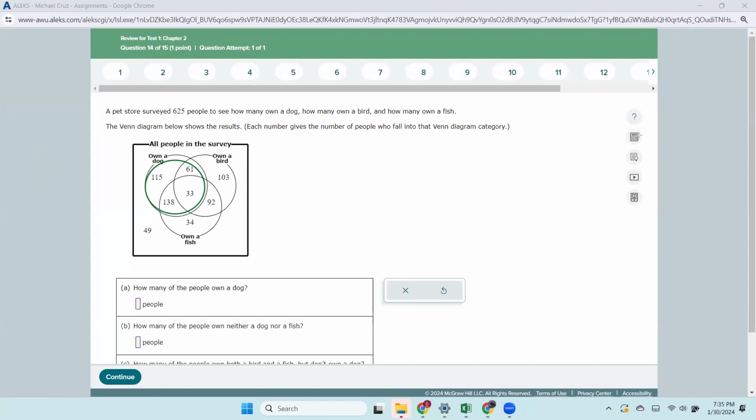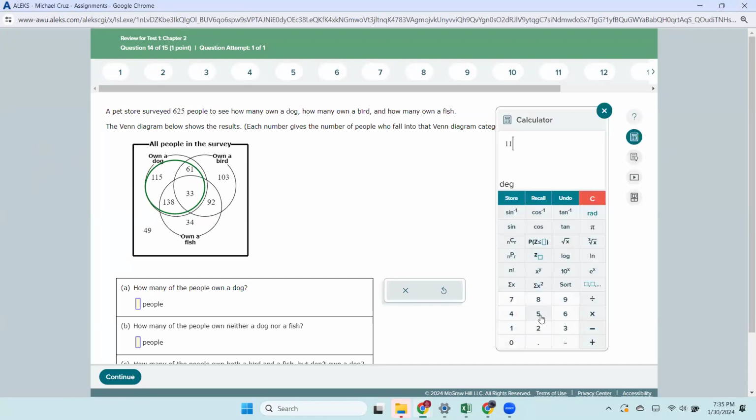I'm going to add them up: 115 plus 61 plus 138 plus 33. So that means there's 347 that own a dog.